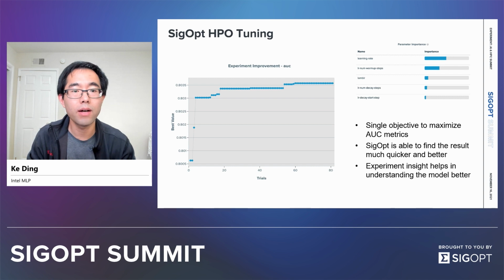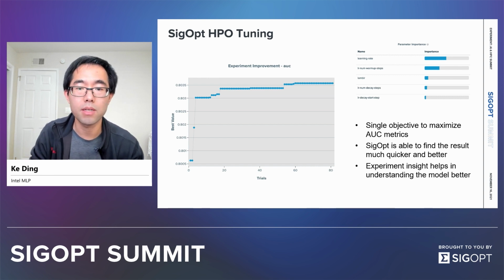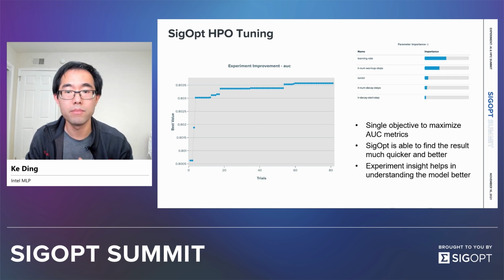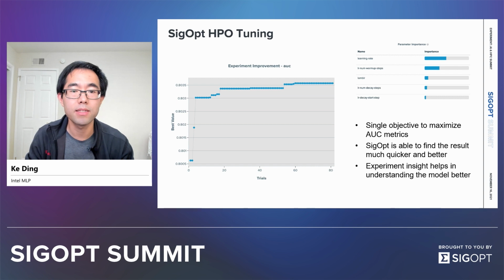For this DLRM tuning task, to simplify the problem, we set the tuning target to optimize the AUC accuracy score only, as a single metric optimization problem. From the left side experiment improvement figure, we can clearly see SigOpt is able to find the result much quicker and better compared to other open source HPO frameworks.